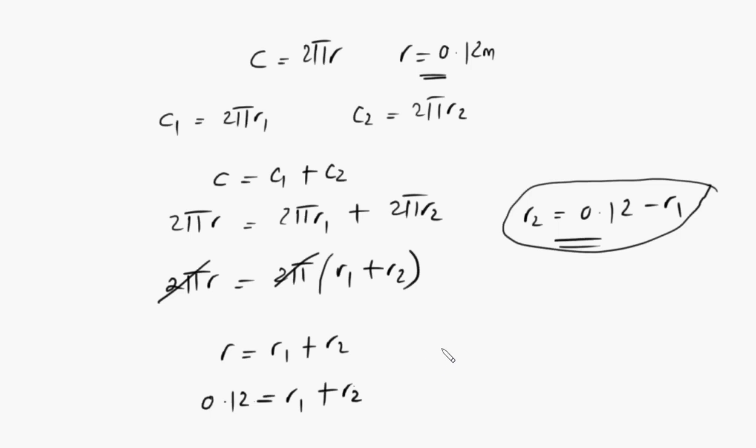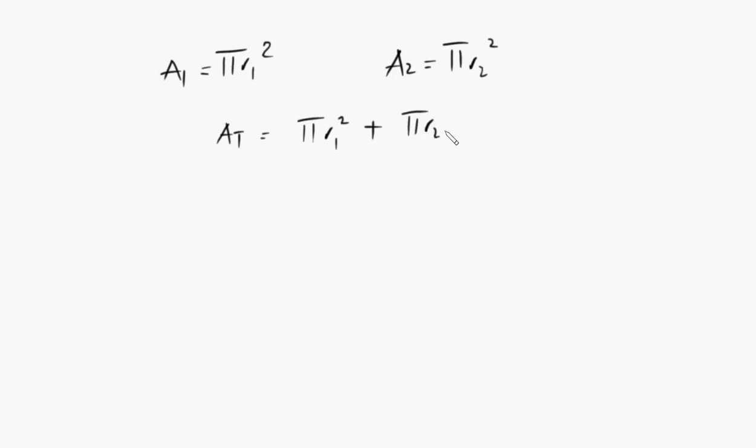Now, the question wants the total area to be minimum. So for the two pieces, the first area will be pi R1 squared, the area formula being pi R squared, and the second area will be pi r2 squared. So the total area is pi r1 squared plus pi r2 squared. I want the area to be minimum, so I have to differentiate the area with respect to the radius, but we have two radii, r1 and r2.